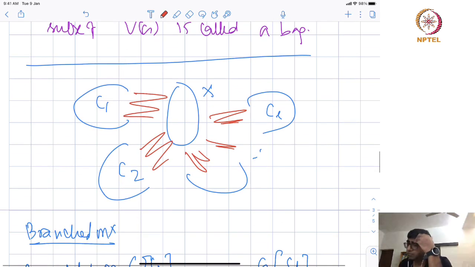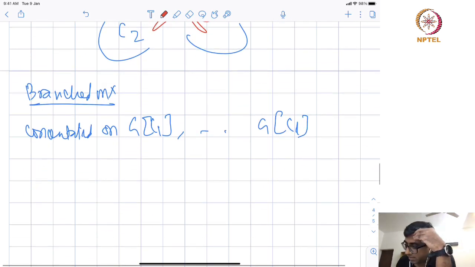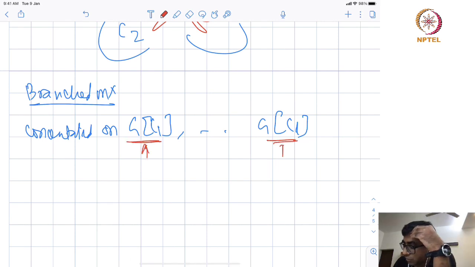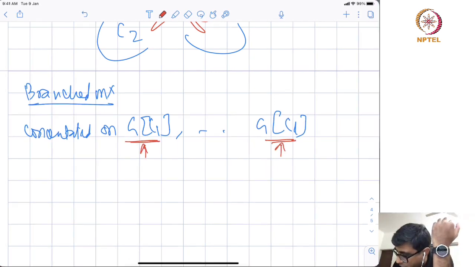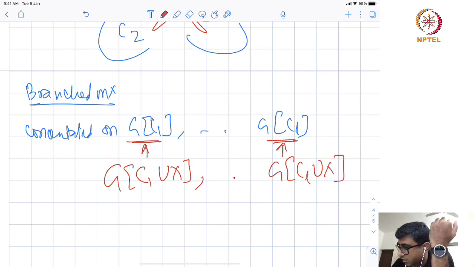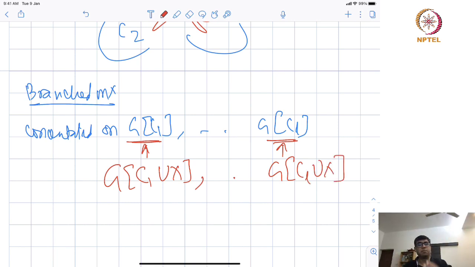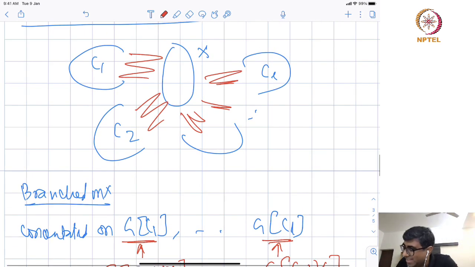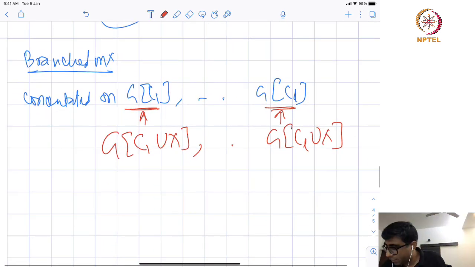For example, if you were doing max cut, it is important that you don't just focus on the graph induced on C1 to CL, but on the graph induced on C1 union X, up to the graph induced on CL union X, when recursively decomposing my graph into smaller pieces. Why? Because X acts as a porter or barrier when going from any component to any component.